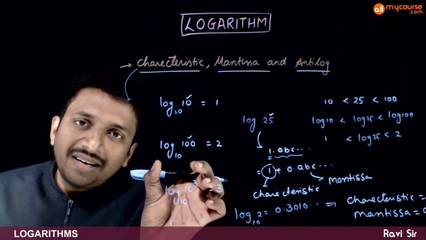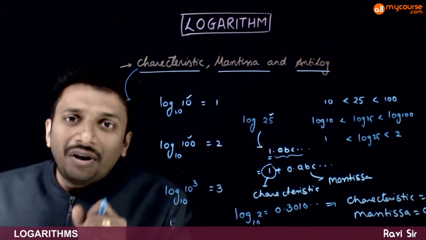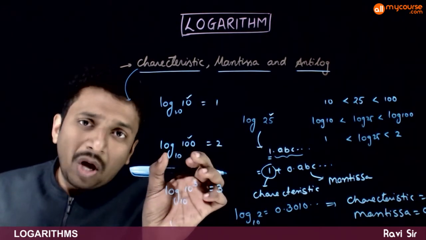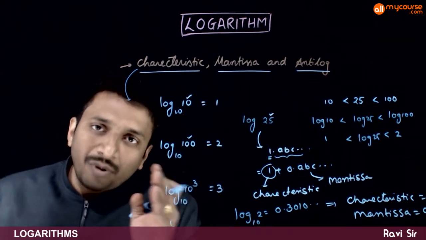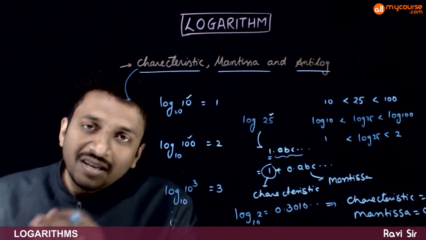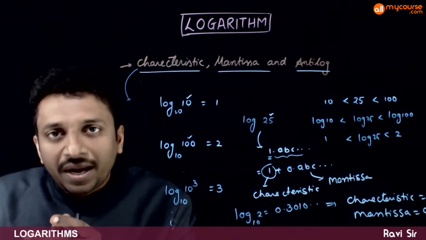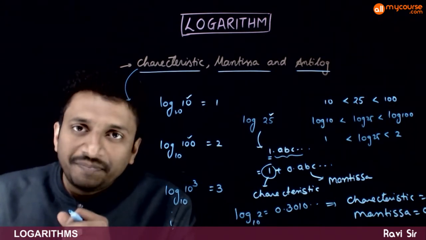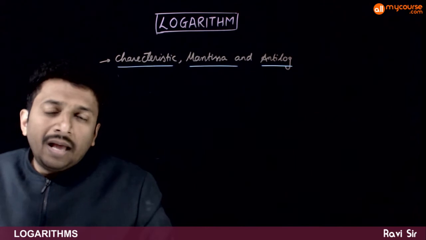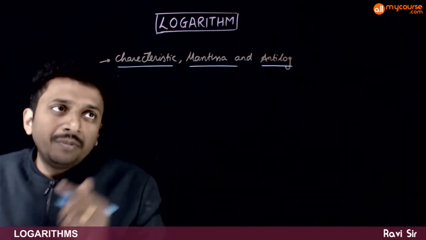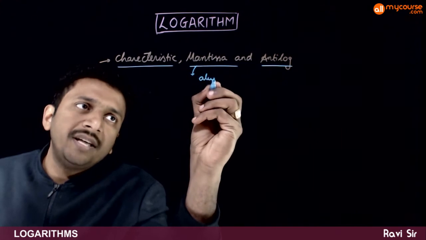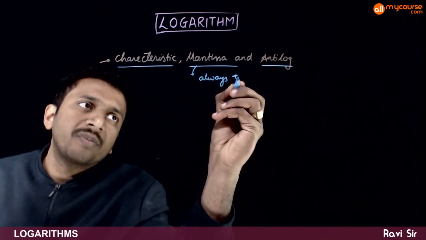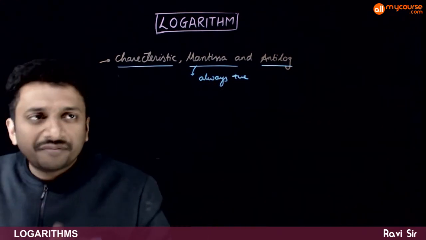So whenever you calculate the characteristic of some log, you just need to find the logarithm. Whatever is the number before the decimal point, that is the characteristic. Whatever is the number after the decimal point, it is the mantissa. One of the important things you need to remember is that the mantissa of a logarithm is always positive.